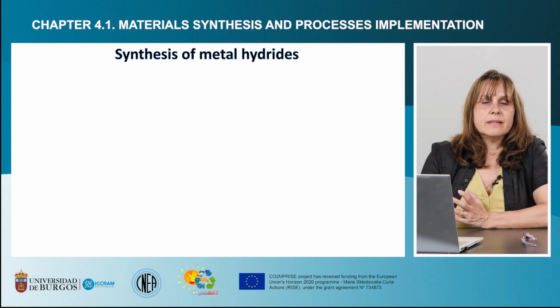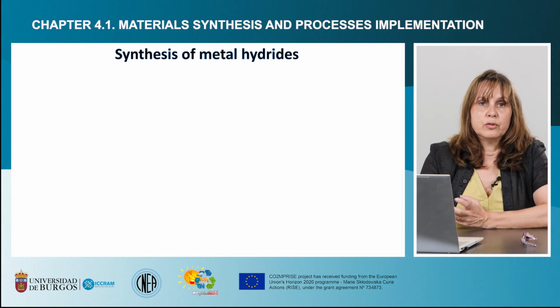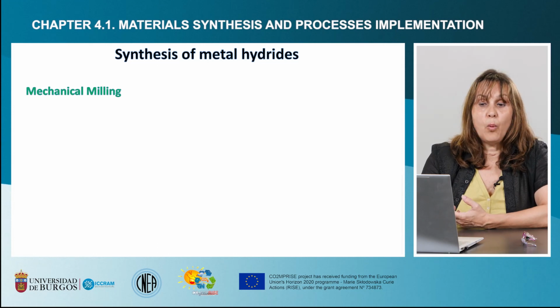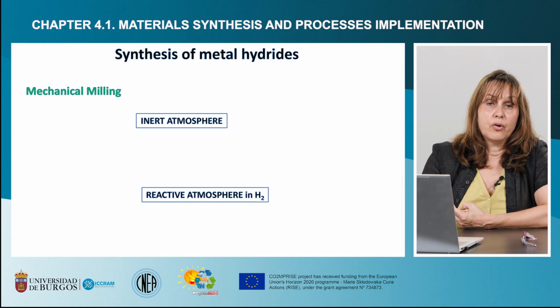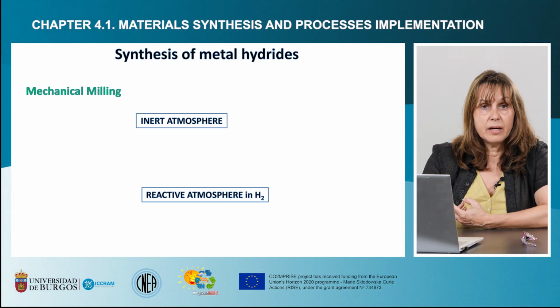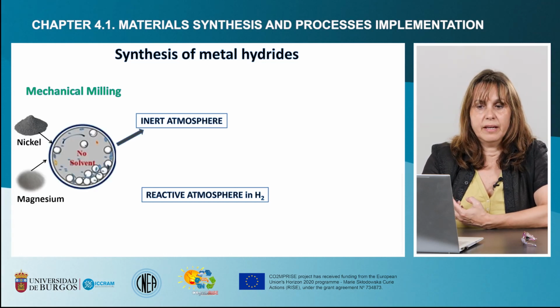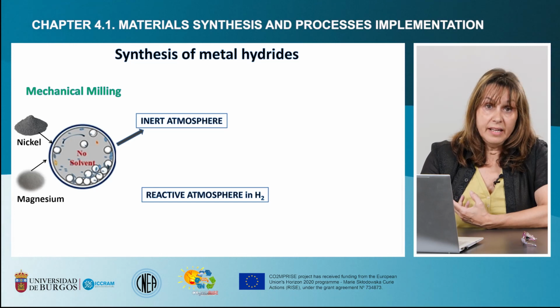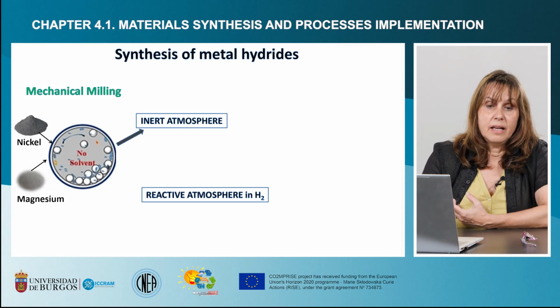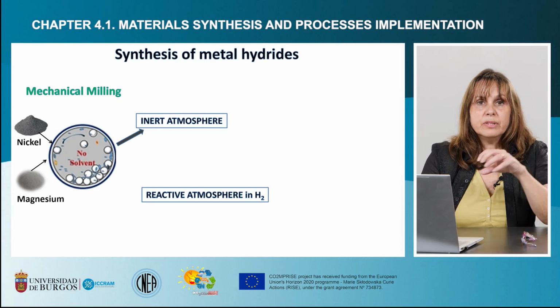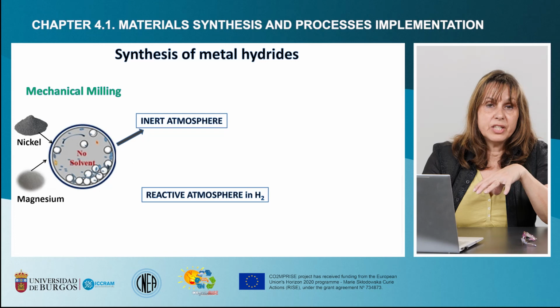Which are the main synthesis methods to obtain a hydride? One is by mechanical milling in both conditions, either an inert atmosphere or a reactive atmosphere. In the first case, inert atmosphere, for example, two metals like nickel and magnesium are put inside a milling chamber.